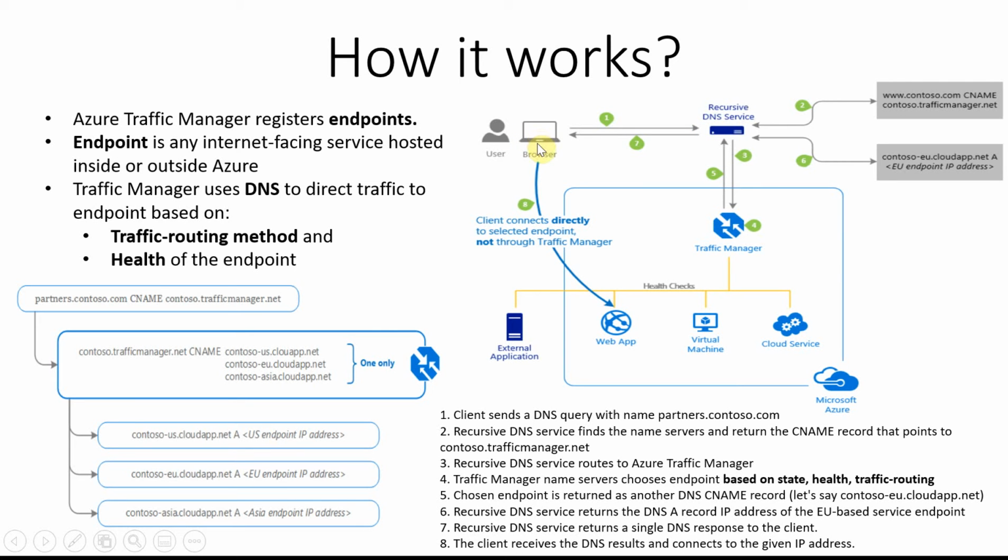And then after that, the successive calls will directly go to the respective module to which the traffic manager internally redirects the traffic. So basically, the summary is that the browser will always know the IP address only.